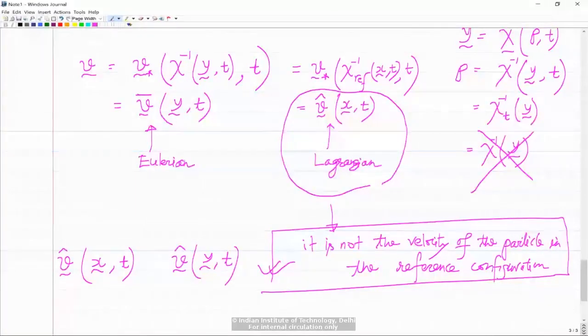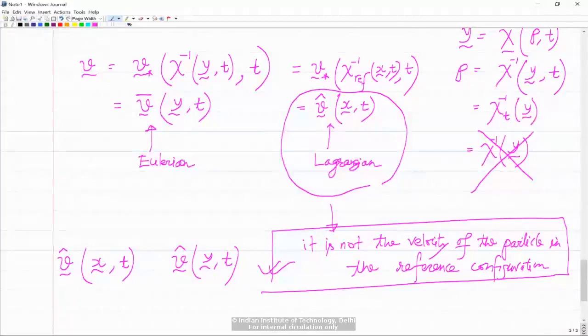So at that point in the space, you will have different particles coming to it at different times. And the velocity is then of different particles at different times. It's not of the same particle. Therefore, you are not tracking a unique particle in this Eulerian description.